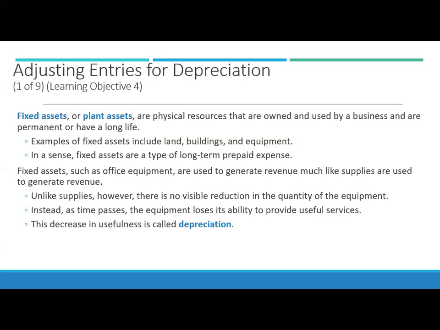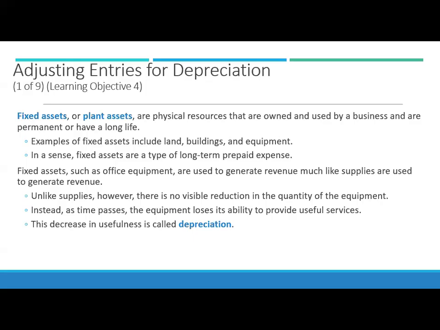And we also have adjusting entries for depreciation expense. So depreciation is how we allocate the cost of fixed assets over time. Fixed assets include land, buildings, equipment, cars, any sort of long-term asset could be called a fixed asset.